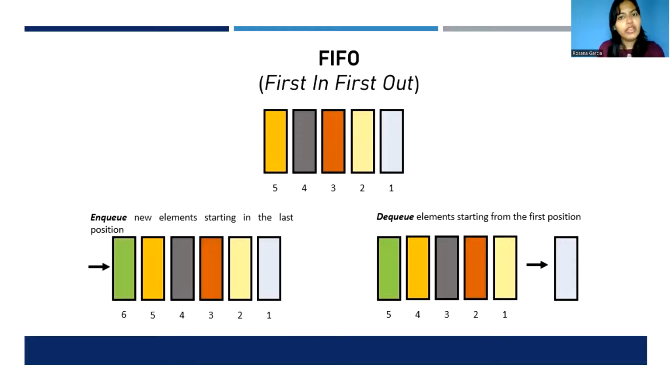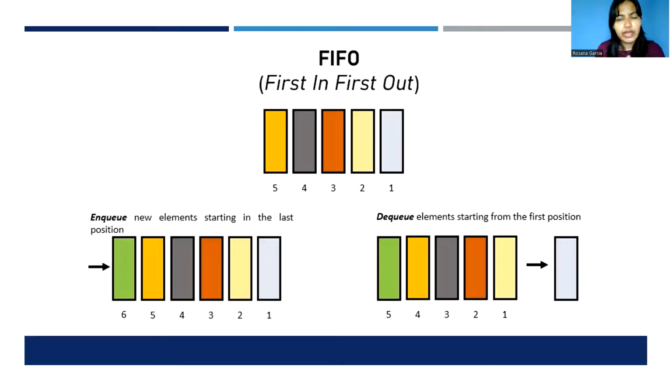And therefore, if a pregnant woman appears, it doesn't matter if you have waited 1 hour, you need to give her the space so she can be attended first. This is a particular case of queue called the priority queue. However, even in a priority queue, first in, first out is kept.